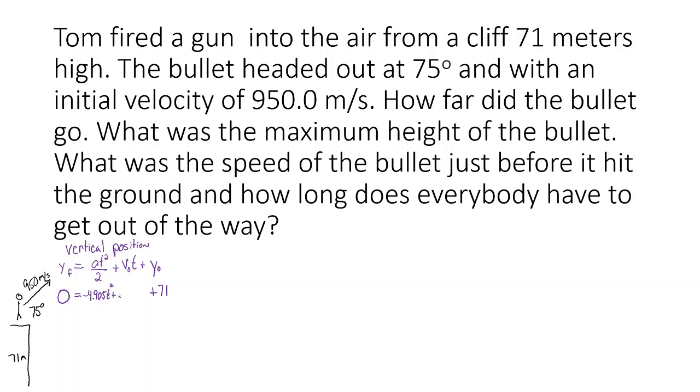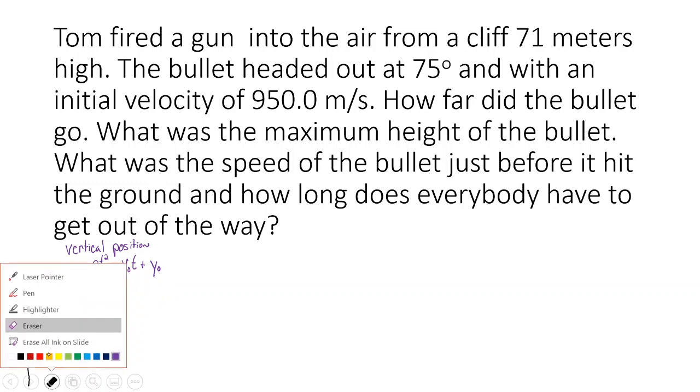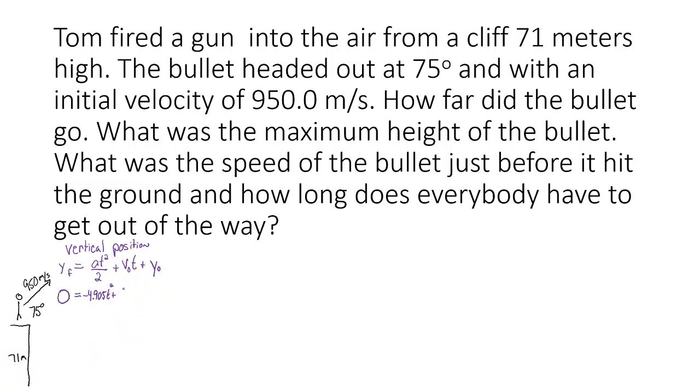And the velocity initial is actually, and I probably should have given myself a little bit more room over here, the velocity initial is 950 times the sine of 75 plus 71 meters up in the air. Let's simplify things just a little bit.